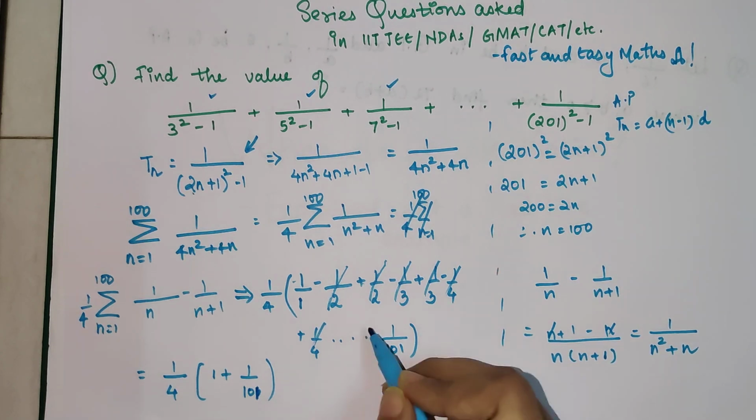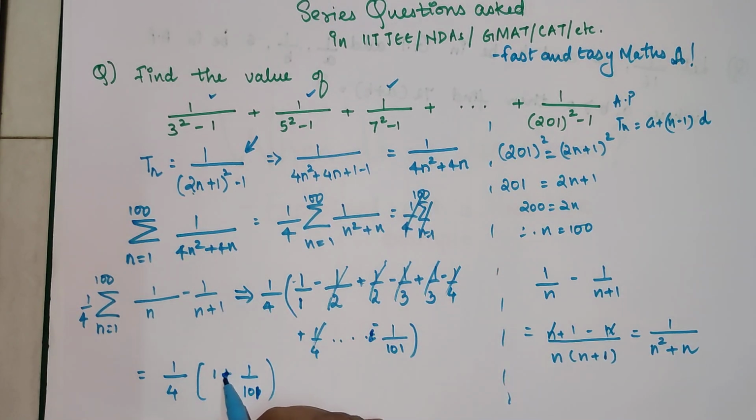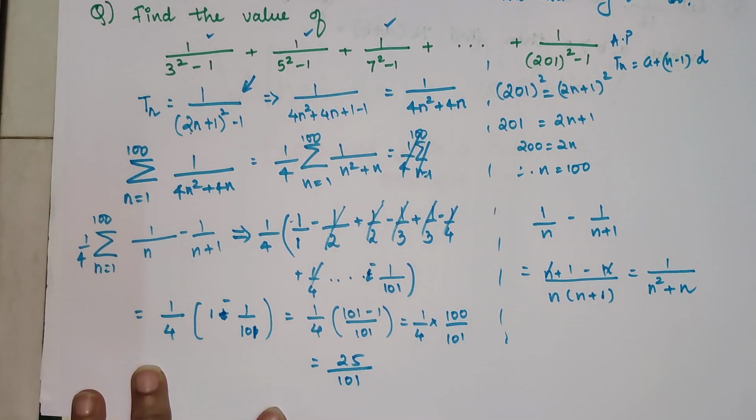Sorry, this will be minus. So here we will get 1 upon 4 into 1 minus 1 upon 101, which comes out to be 1 upon 4 into 100 upon 101. So your final answer is going to be 25 upon 101.